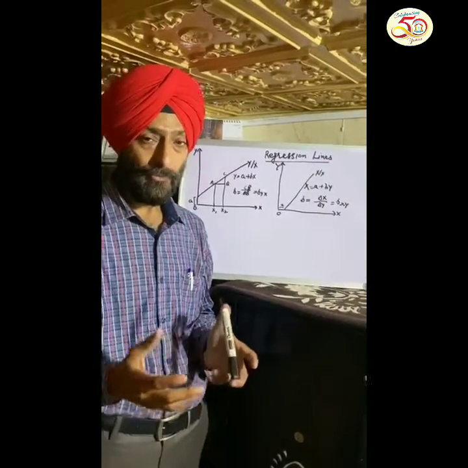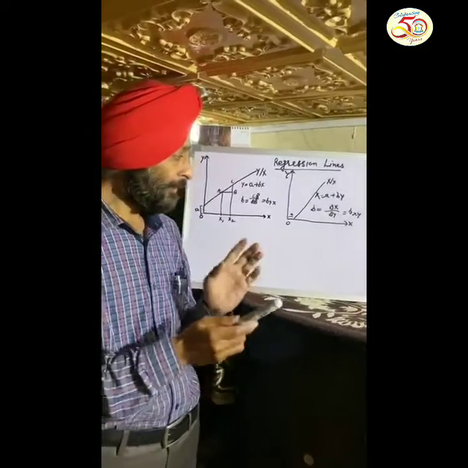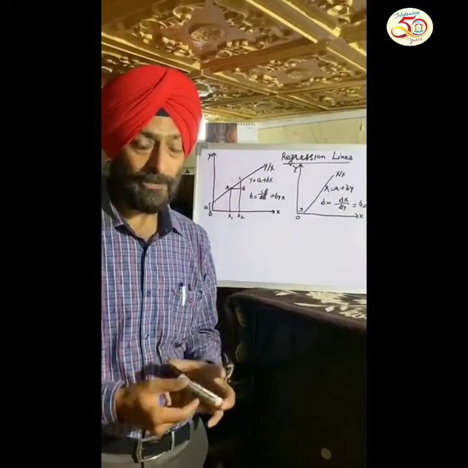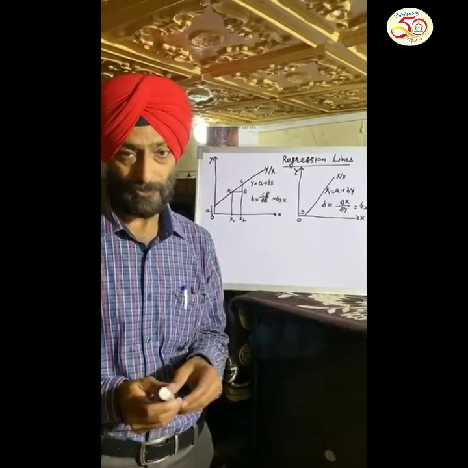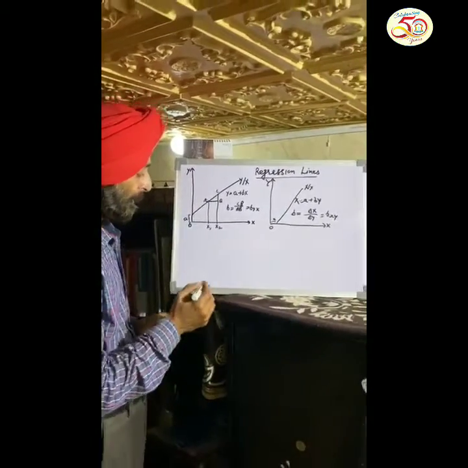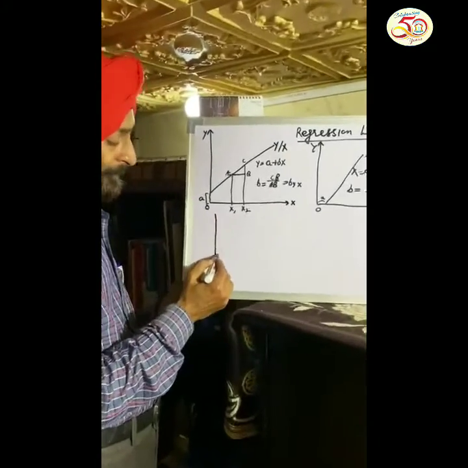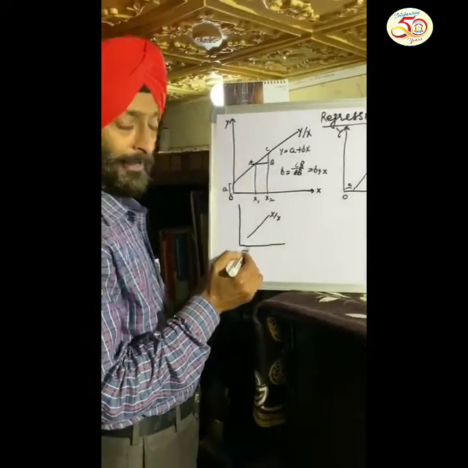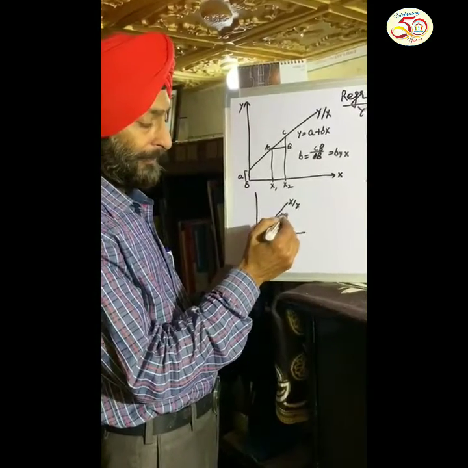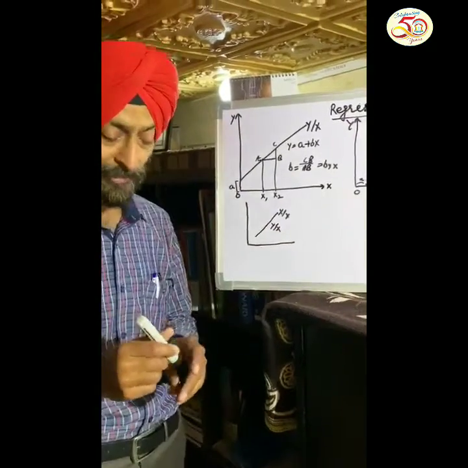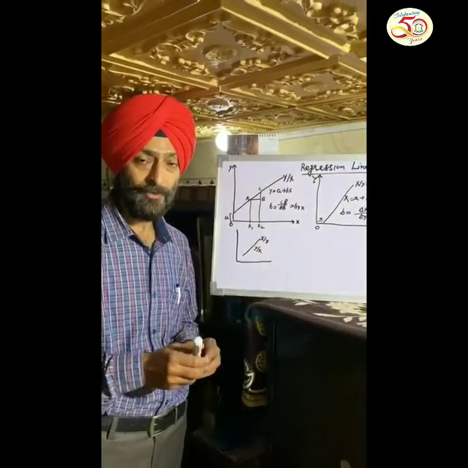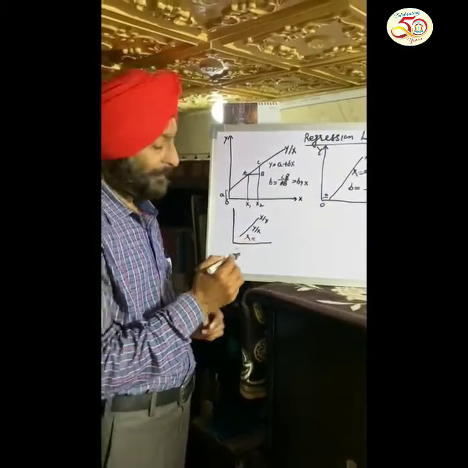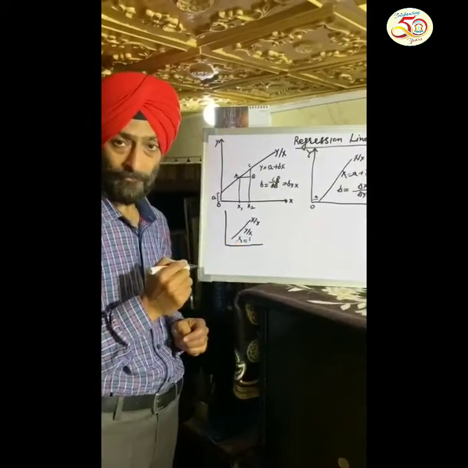Now, the point to remember is that the relationship between regression and correlation can be shown with the help of these regression lines. Now, let us take some cases. For example, if this is the line of x on y and the same is the line of y on x, it means both lines coincide with each other. In this case, we say correlation is perfect positive, that is 1.